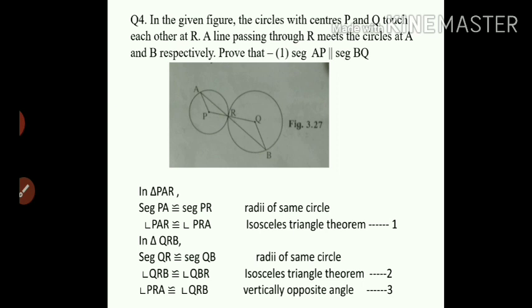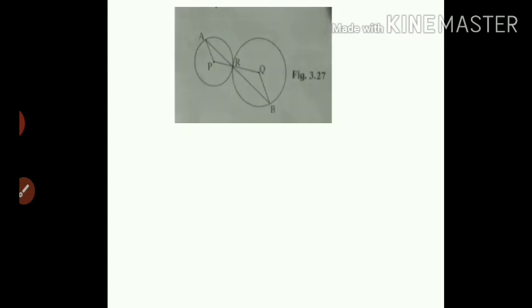Now, the diagram is the same. Angle PAB will be congruent to angle QBA since A, R, B are collinear. It was given in the question that there is a line passing through R, touching the circles at points A and B, which means A, R, B are collinear.